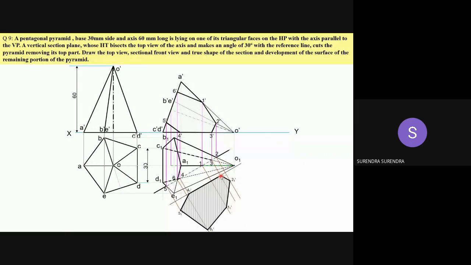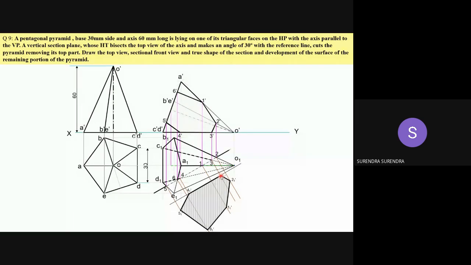But the problem here is that the axis is inclined to one reference plane and parallel to the other. So you may not get this problem in the examination, but since we are already explaining the concept, so that you have an idea, I have extended my explanation to this problem also.